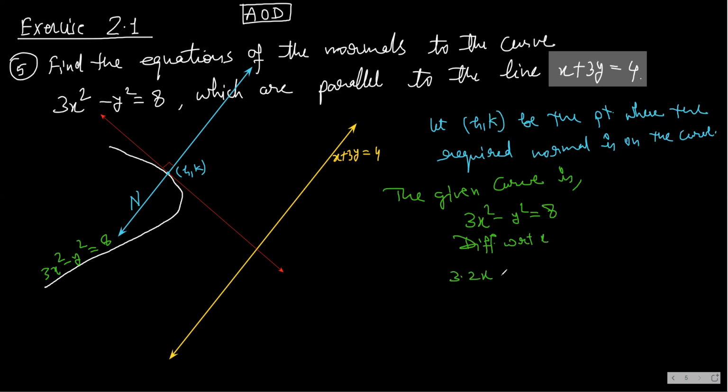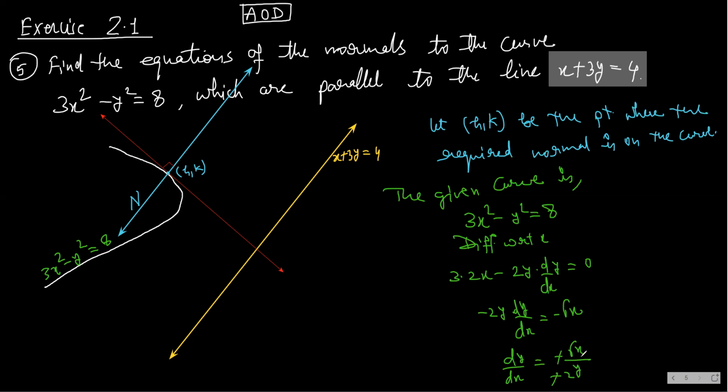The derivative of x square is 2x, minus the derivative of y square with respect to x, which is 2y into dy by dx, equals 0. So I get 6x, which goes on that side, minus 2y dy by dx equals minus 6x. So dy by dx is minus 6x upon minus 2y.